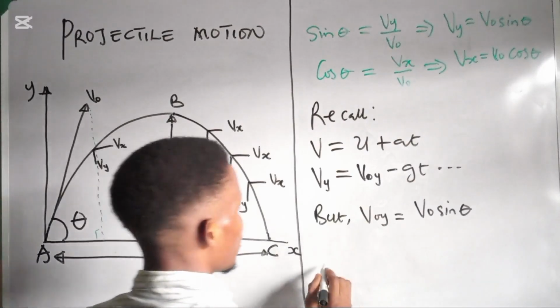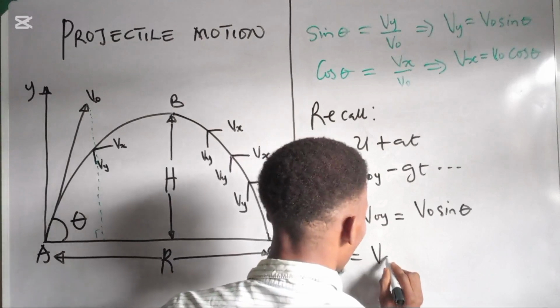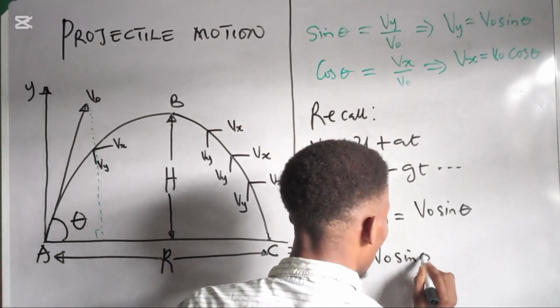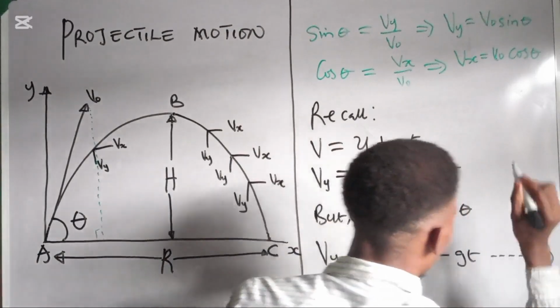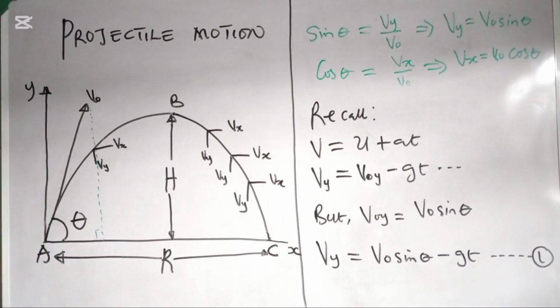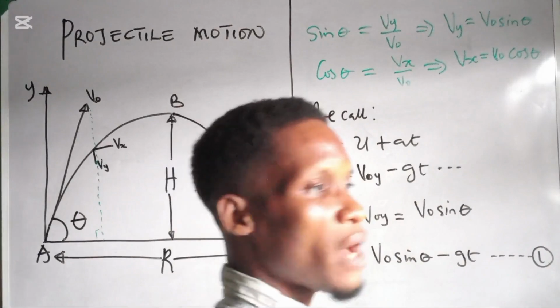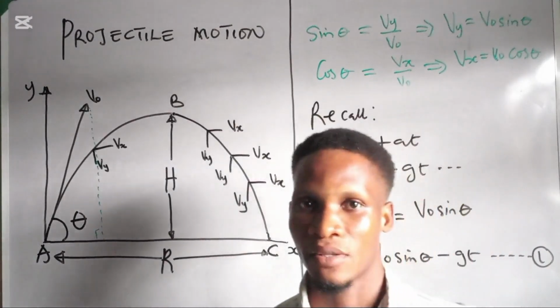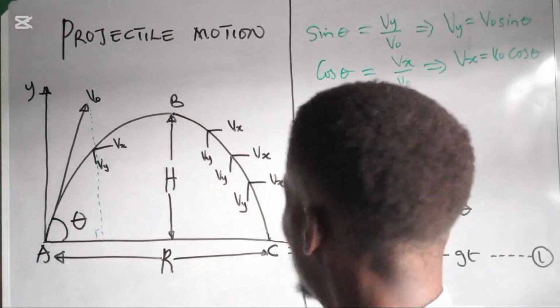So we can now have that Vy is equal to V naught sine theta minus GT. This is the main equation that you are going to apply. That's the first thing. Now we are going to look at the time of flight before we go into the range.